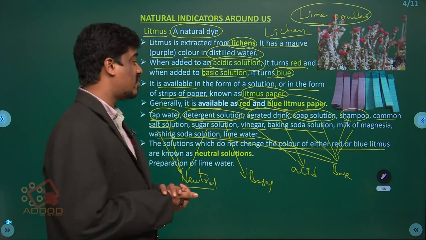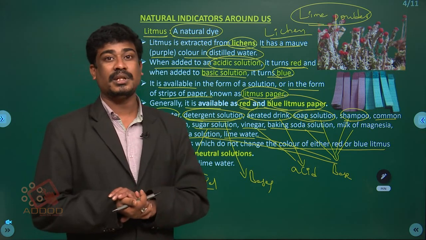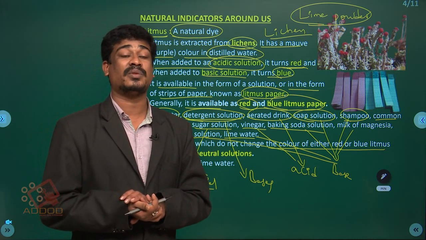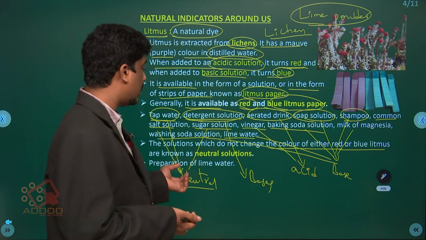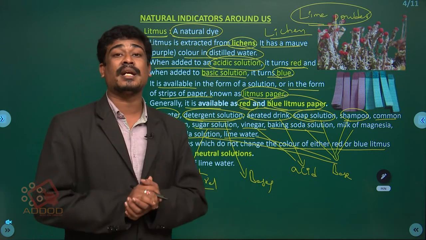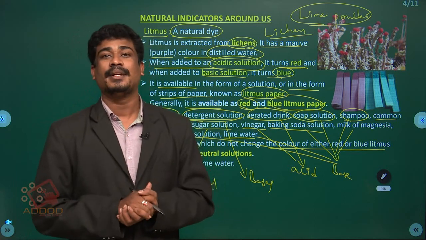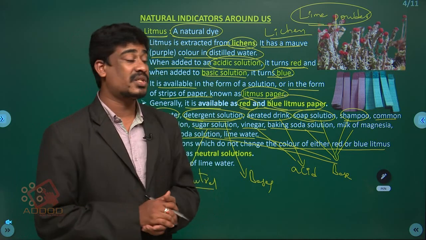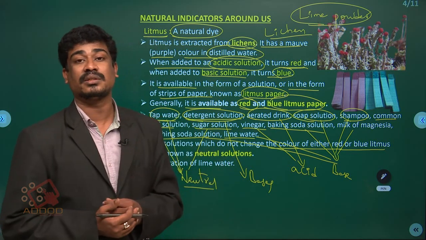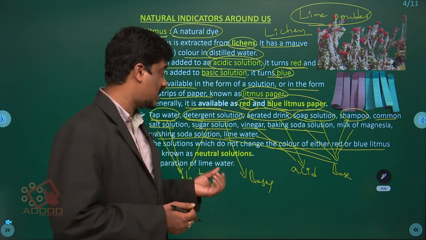If calcium oxide is dissolved in water, we get calcium hydroxide, which we call lime water. So lime water can be prepared by adding water to the lime. The chemical name of lime water is calcium hydroxide.